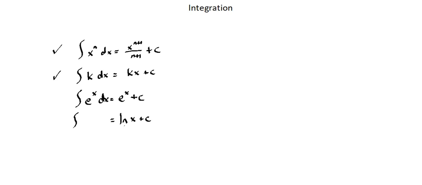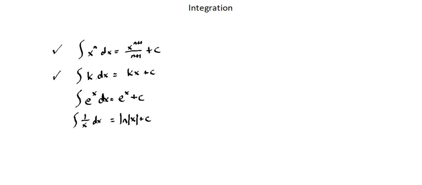In doing differentiation, the derivative of the natural log of x is 1 over x. And the integral of 1 over x with respect to x is, with one slight adjustment, the natural log of x plus c, actually the natural log of the absolute value of x plus c.